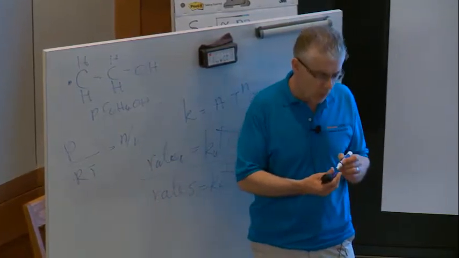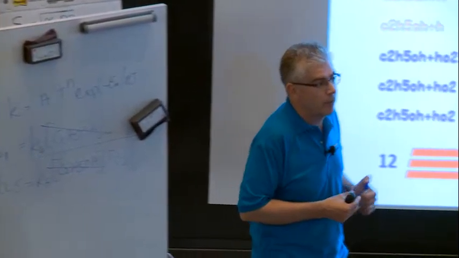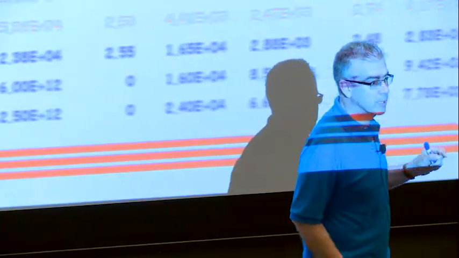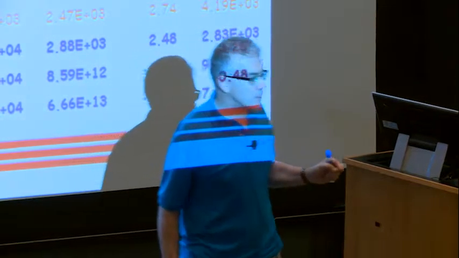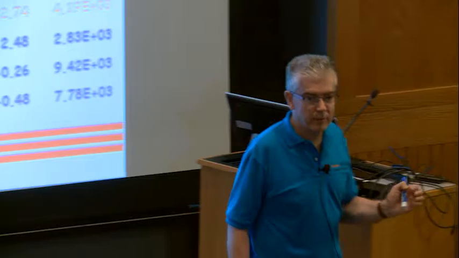If you've got fuel in air, the fraction is about 20%, so about 1/5. At 10 atmospheres, it's 1/5 of 10, which is 2. And at 1,000 Kelvin, it's 2 all over 1,000. So it's about 10 to the minus 3. Am I right in that?